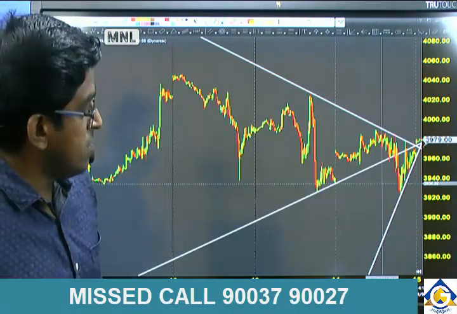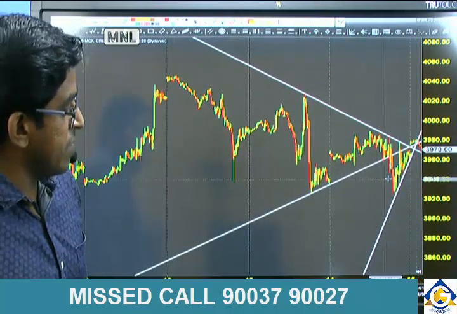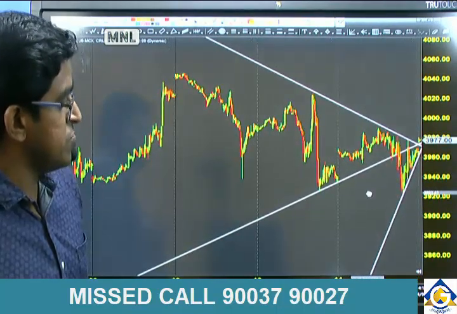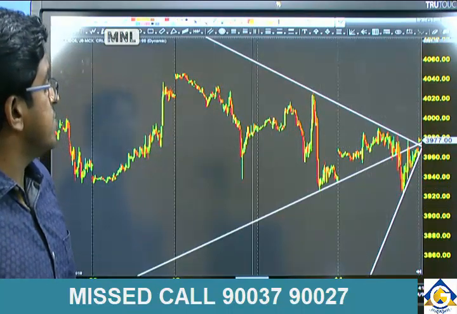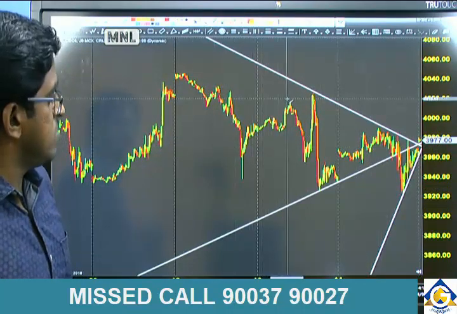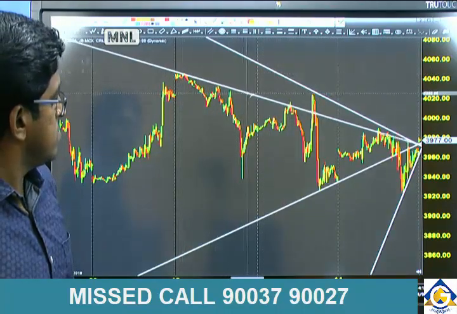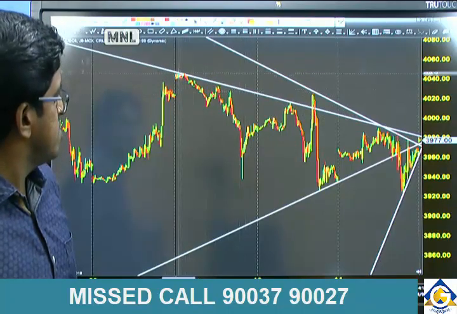So I have two lines here. The first objective is that I have two lines here, but I need more lines on the top which should act as a resistance. What shall I do? Whether I can draw this line? Yes, of course.